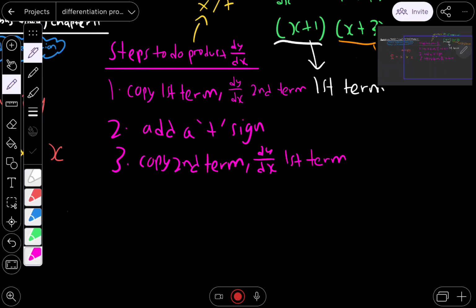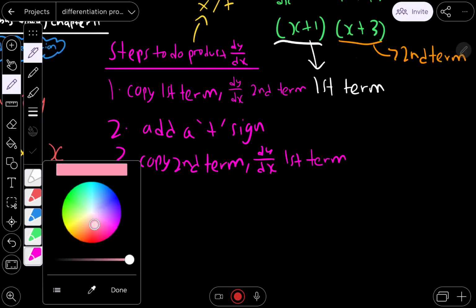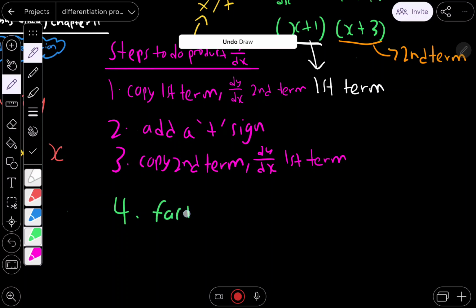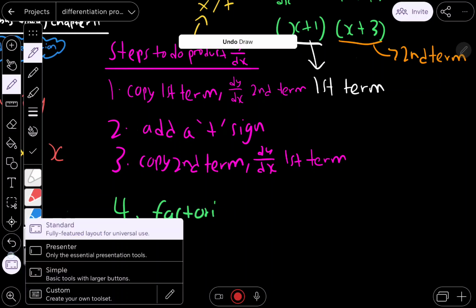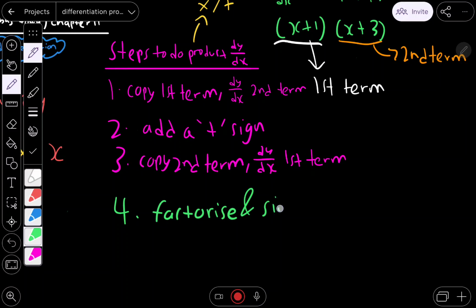Okay, and then the fourth step is to, it really depends on the question. So the fourth step, I'll write it in green. This depends on the question: factorize and simplify. So I will factorize and simplify.